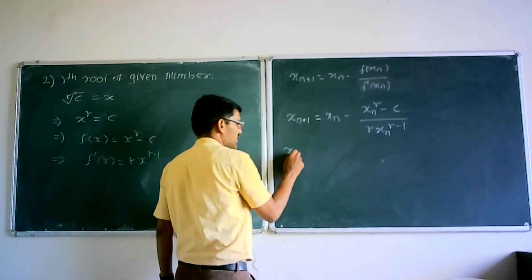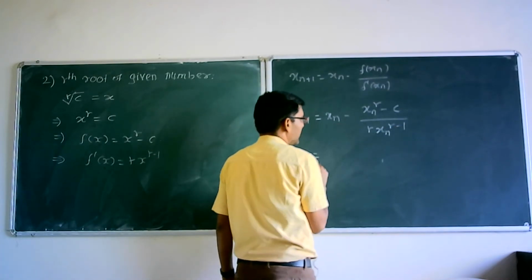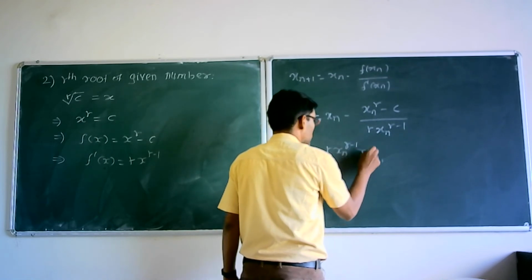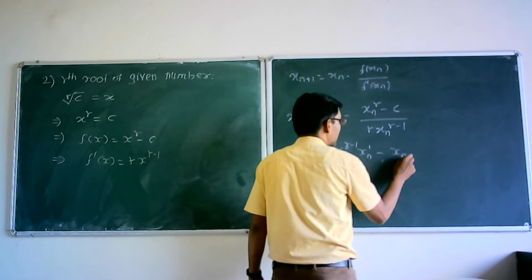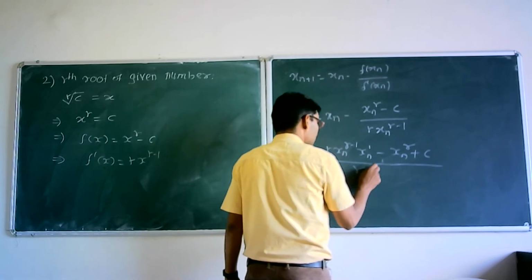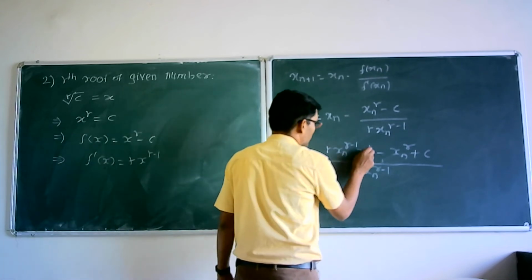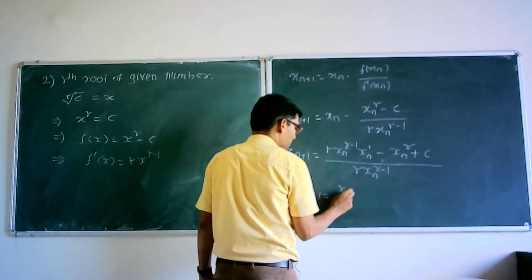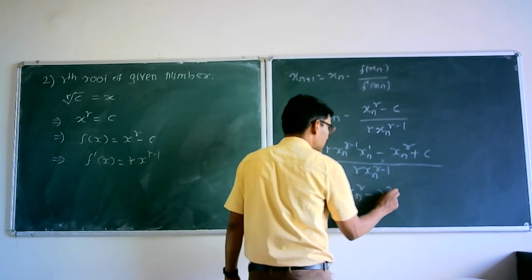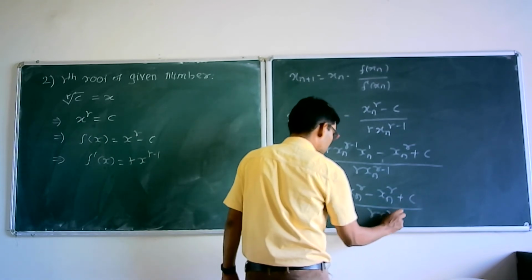If you simplify this, just multiply this r xn^(r-1) to this side. You will get r xn^(r-1) and xn raised to 1, minus xn raised to r. Because of this minus sign, it will convert to plus. This whole divided by r xn^(r-1). So xn plus 1 is equal to r xn^r minus xn^r plus c divided by r xn^(r-1).